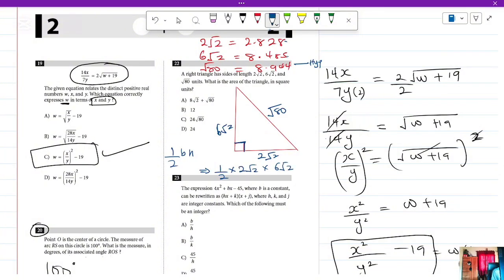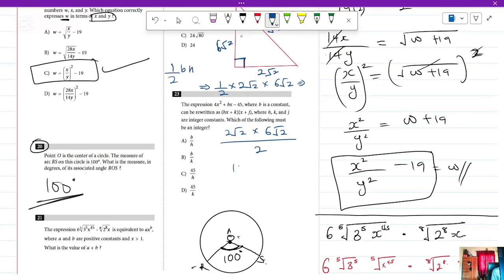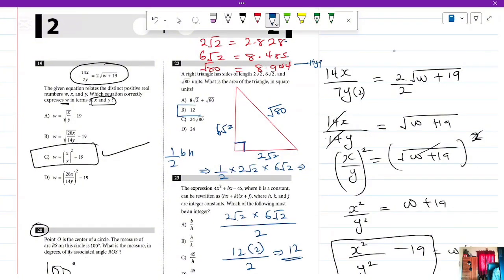If you solve this together, you have 2 root 2 times 6 root 2 over 2, which is 2 times 6 is 12, root 2 times root 2 is 2, then over 2, and that will give us 12. So 12 is the final answer to this.